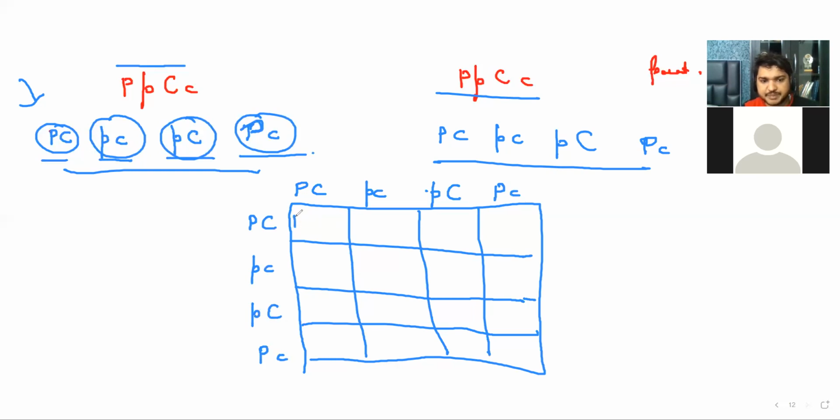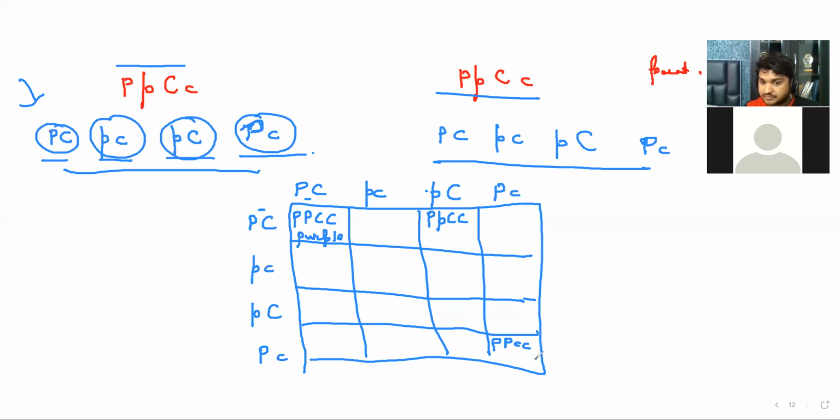This is PP, we write together PPCC. Is it purple or white? Purple, because both are present, so it is complementary. Next: capital P, small p, capital C, capital C. Purple. This is capital P, small c.